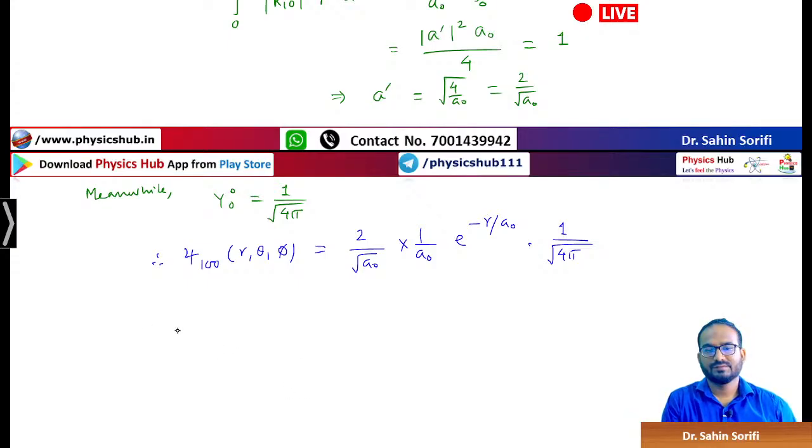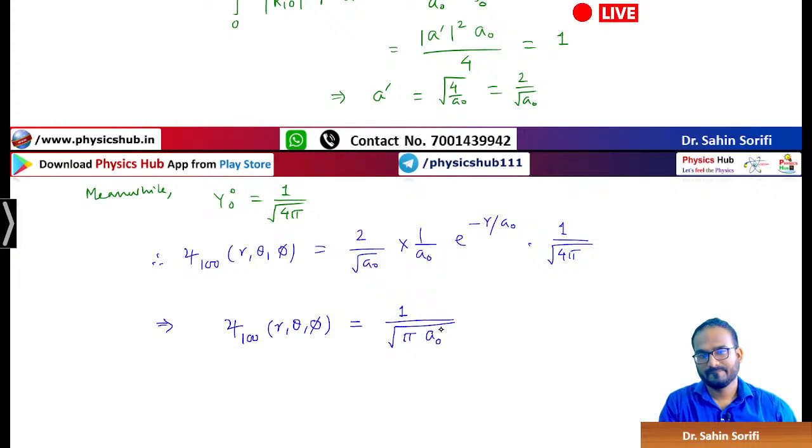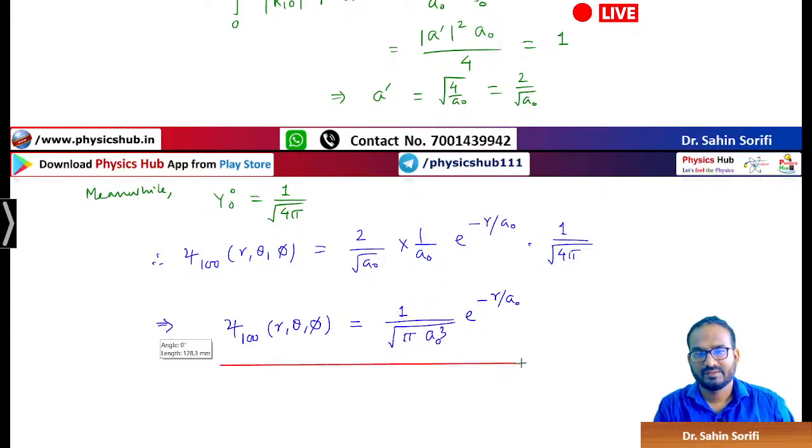And hence we get this value for the ground state of the hydrogen atom. You should remember this, the final form. Square root of 4 is 2, so the 2 cancels, giving 1 upon square root of pi a naught cube, e to the power minus r by a naught. So this is the ground state wave function of the hydrogen atom.